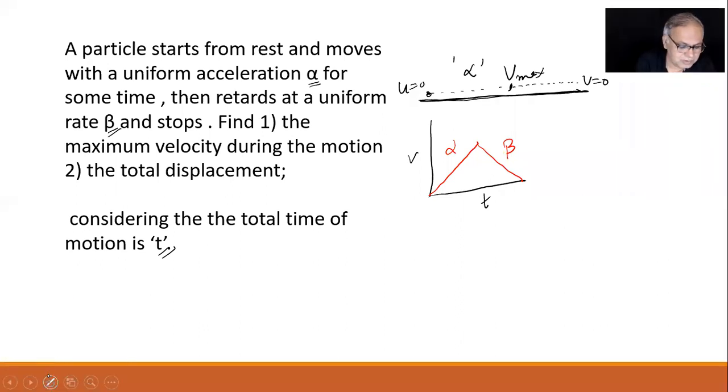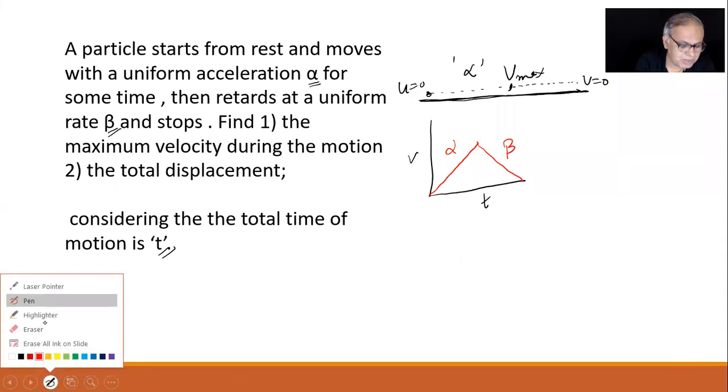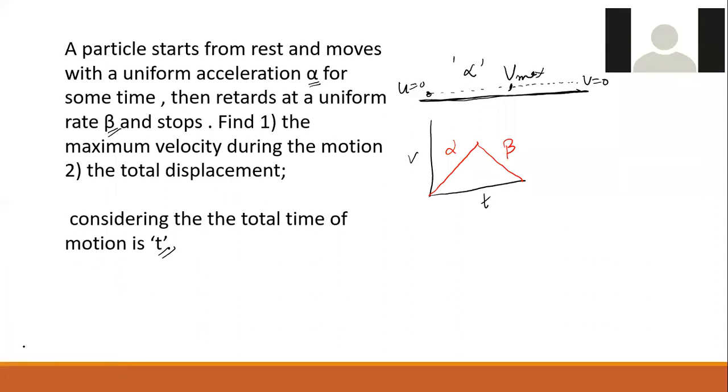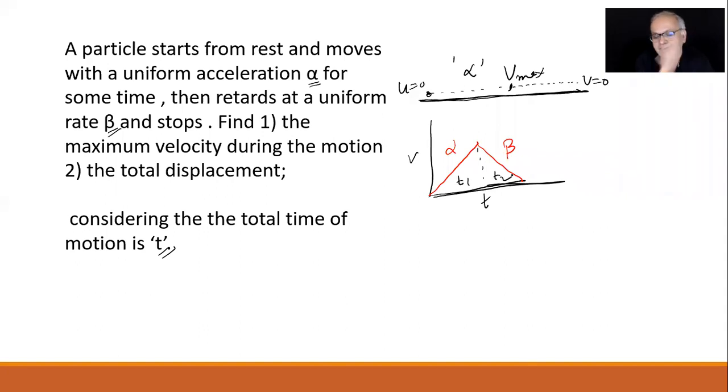Do you follow? You understand what I mean by slope being different? This time is different, this time is different. If beta had been equal to alpha, the same time you could have written, and the same slope like this. Are you following that, Pavani? So this is where you got V maximum.